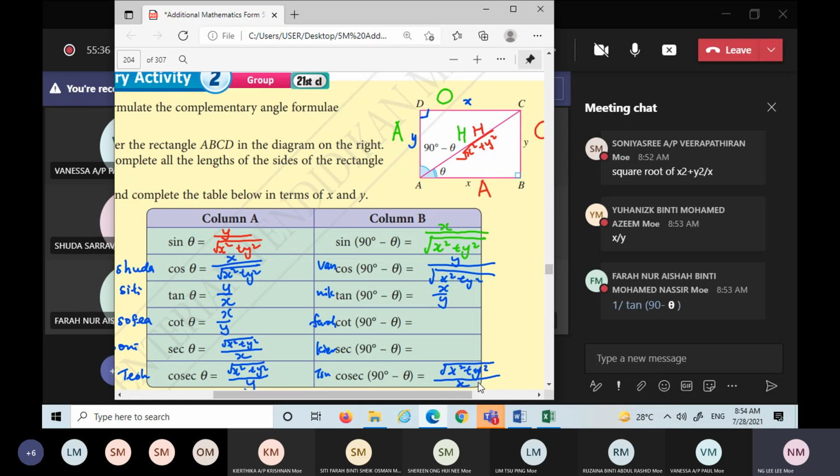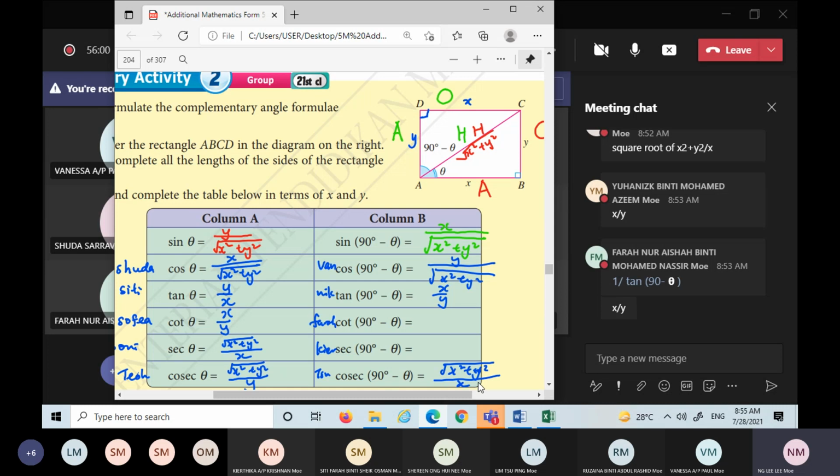Hey, Farah, the answer is not what I want. You see your tangent 90 minus theta is x over y. Your 1 over, it cannot be x over y again.